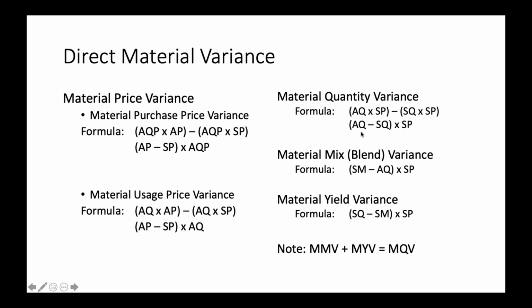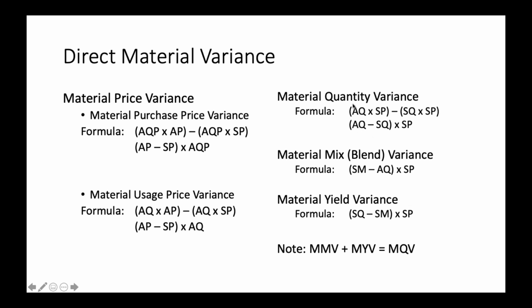So we simply get the difference between the actual quantity minus the standard quantity multiplied by the standard price. So in this formula, we're trying to solve the cost of the difference in the quantity used to produce a product at the standard price.